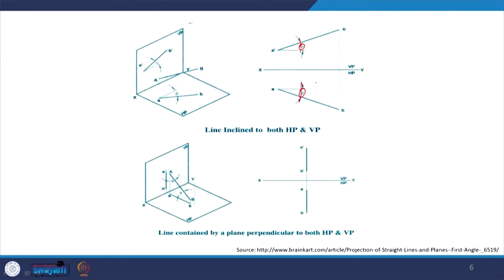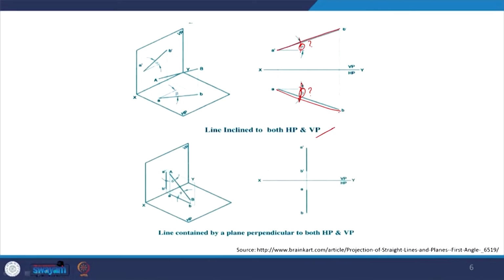These angles would change, but what would actually appear is a line A dash B dash or AB at certain angles to both vertical plane as well as horizontal plane. Now in this case, we cannot see the true length of the line anywhere in the final figure.